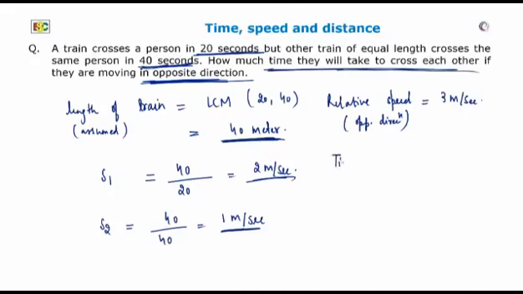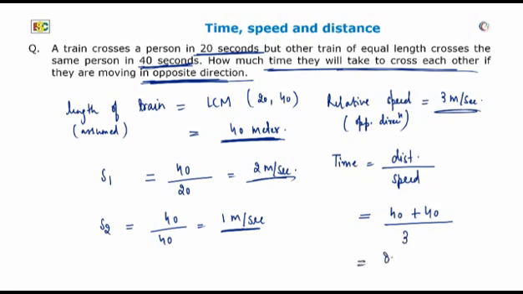Now we know time is equal to distance upon speed. Distance is 40 for the first train and 40 for the second train upon relative speed, that is 3, and this is equal to 80 upon 3 seconds, which is our answer.